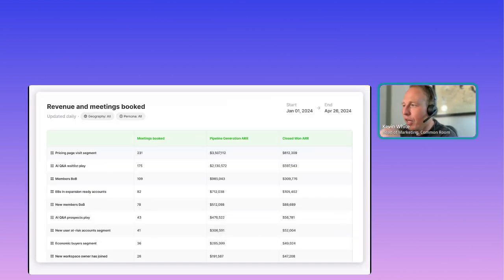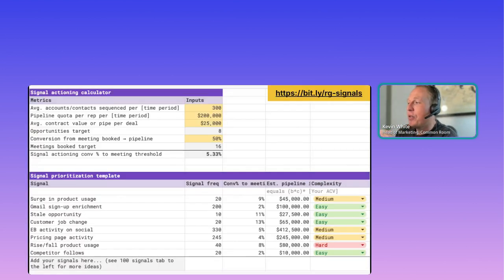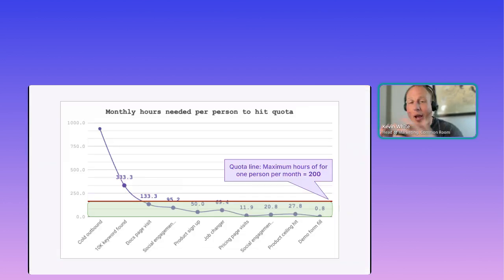There's also the number of hours per day that an SDR or sales rep can work a lead from signals. I did some back-of-napkin math and got the number of monthly hours that is possible for an SDR or pipeline-generating person to work leads.